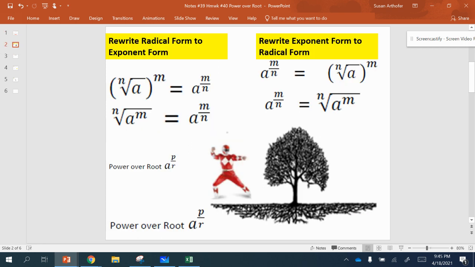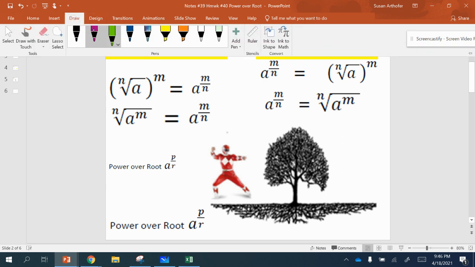So this is just kind of a funny little picture to help you remember what we're doing. That's a Power Ranger guy, and he's standing next to a tree, but most importantly, he's standing over the tree's roots. Power over roots.